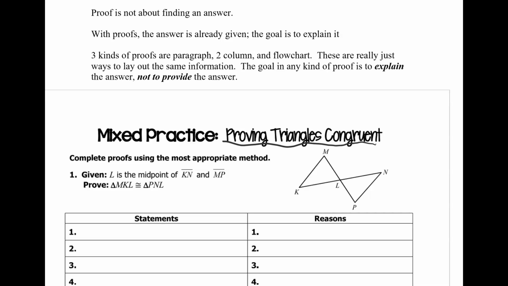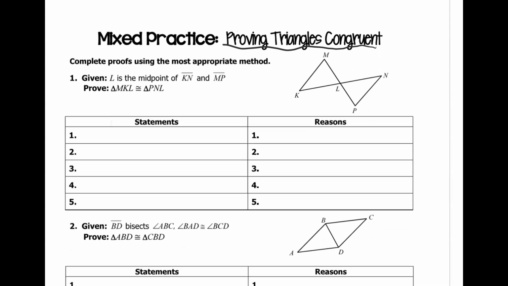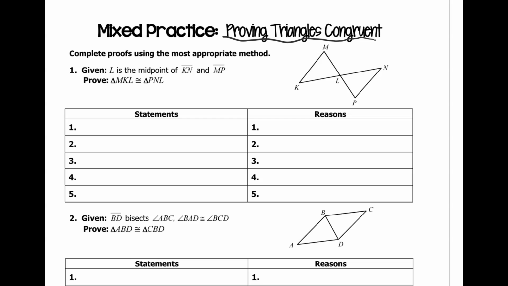All right, so let's look at our first proof. We're given some information and we want to prove something. The most important thing to understand is that you always have to connect your explanation, whether it's a paragraph or two columns like we're looking at here, to a diagram. You can never just say something about triangles that nobody's looking at.